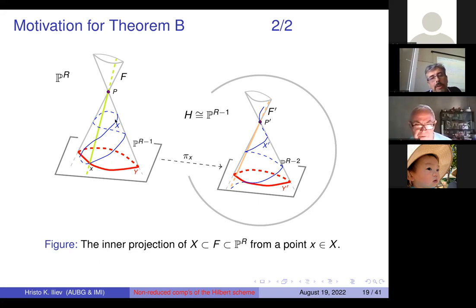So, in other words, the blue curve on this cone under the linear projection gets mapped to a curve that I have denoted here like x prime that passes through the vertex of the cone. And the hyperplane sections of the cone, like for example y, that pass through the point x are mapped to hyperplane sections of the cone F prime. Okay, so that's the motivation for the construction that I have here. So here we have a geometric motivation that I'm going to make algebraic soon.